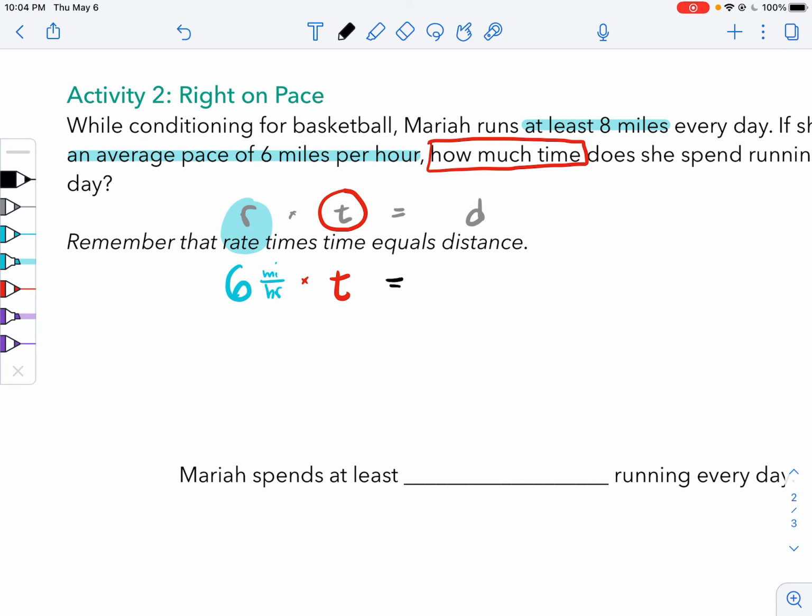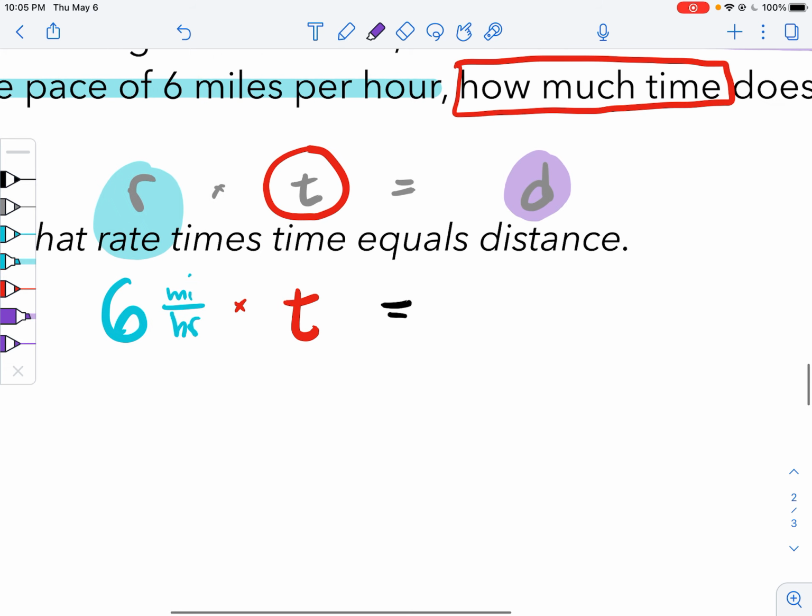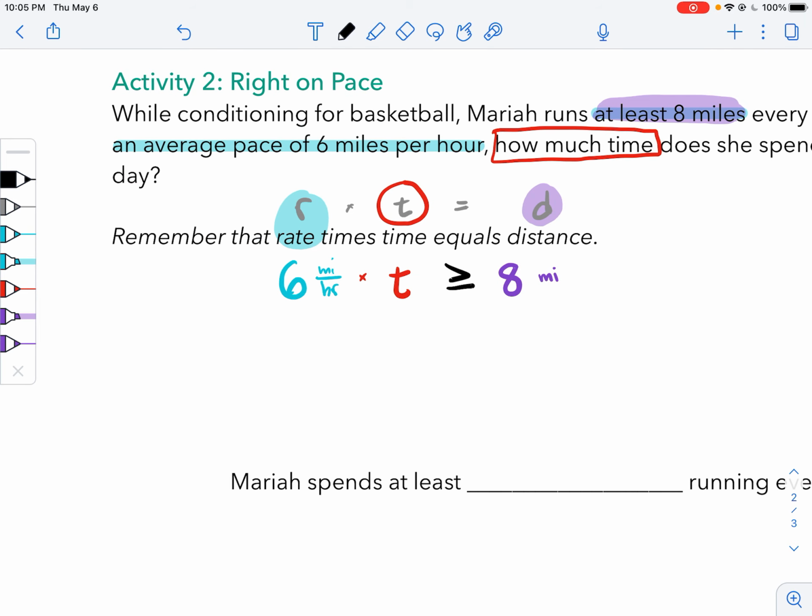And her distance is at least 8. At least, so 8 is the smallest it could possibly be. If 8 is the smallest it could possibly be, go in here, 8 miles. At least 8 miles. Awesome.